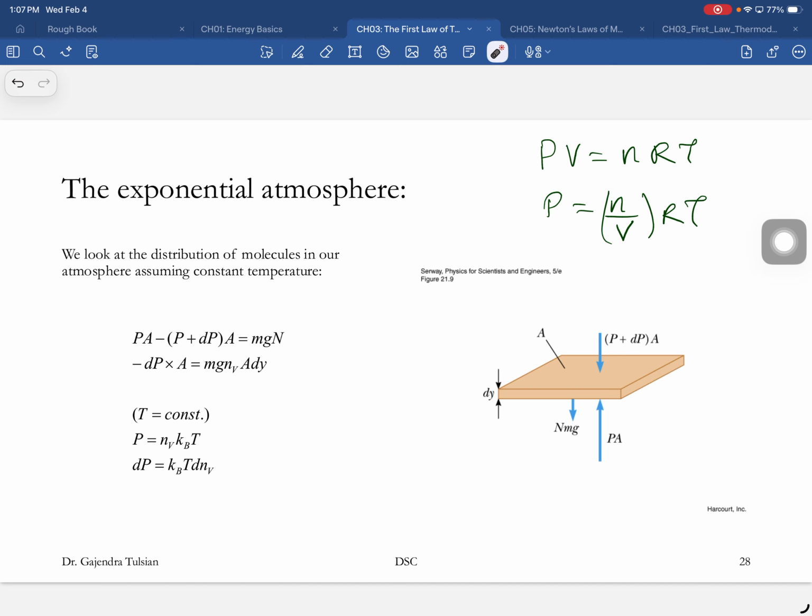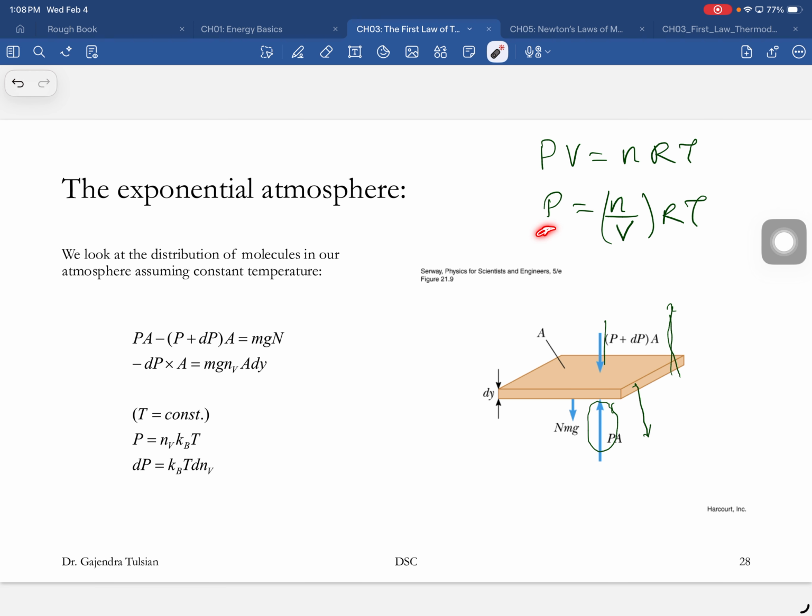No? All right. So, the only way to explain that is, okay, this has a weight, so there must be a balancing force upward. And how's the balancing force coming? The pressure at the bottom must be greater than the pressure at the top. Okay? And the pressure at the top, so let's look at this expression.